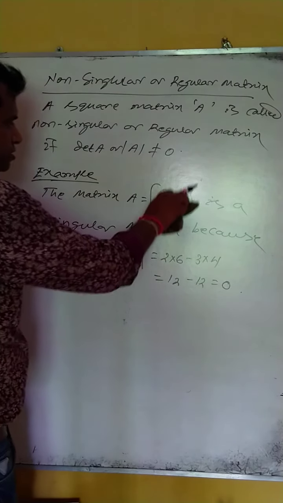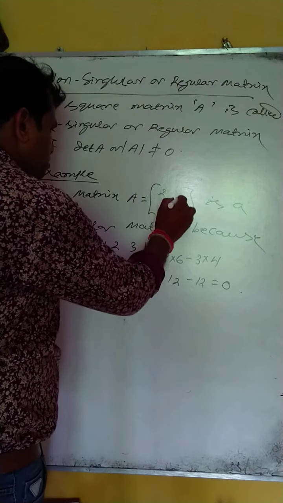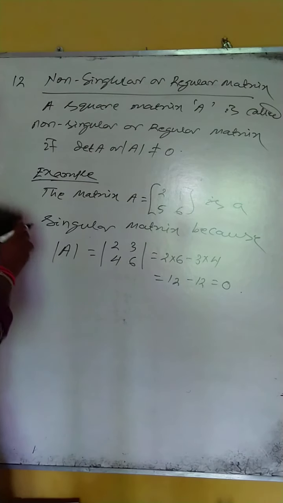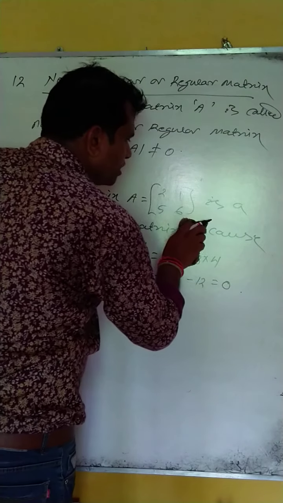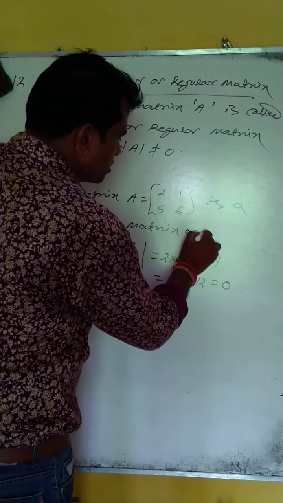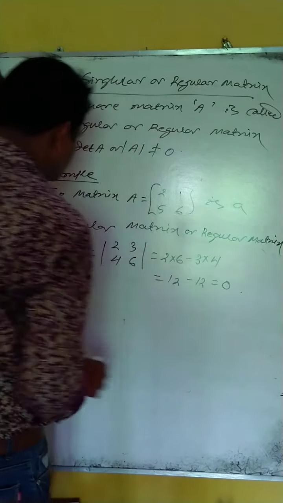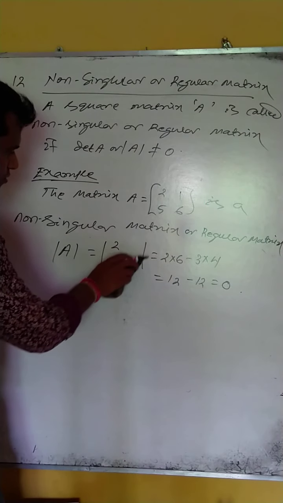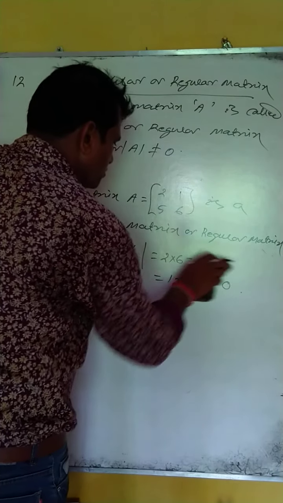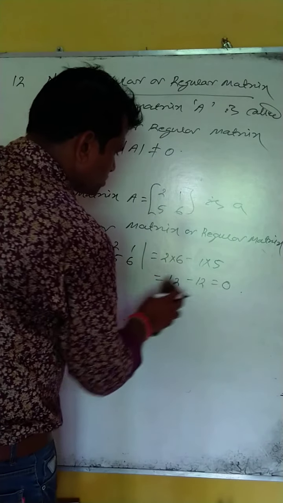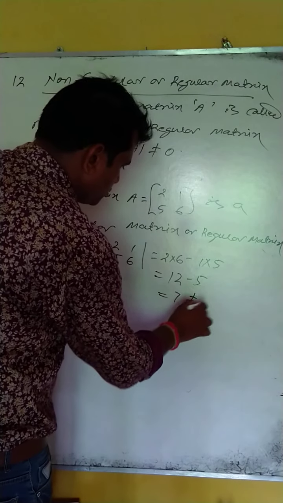For example, the matrix A is equal to 2 1 5 6 is a non-singular or regular matrix, because determinant A is equal to 2 into 6 minus 1 into 5, that is 12 minus 5, that is equal to 7, not equal to 0.